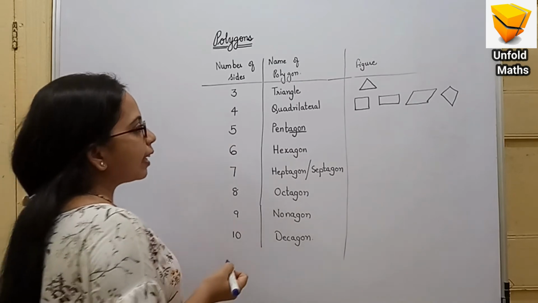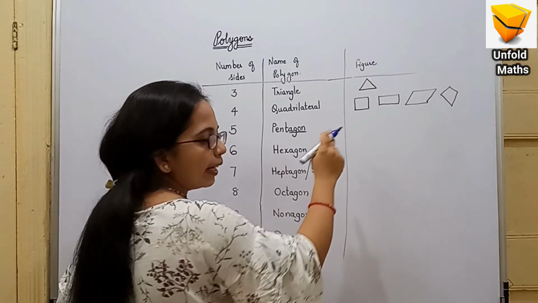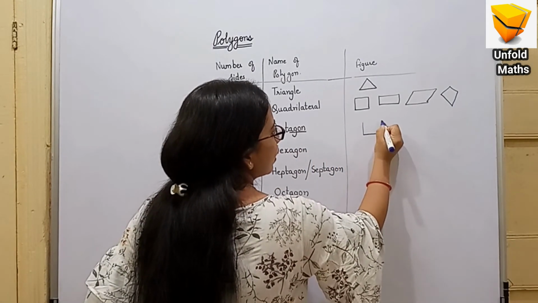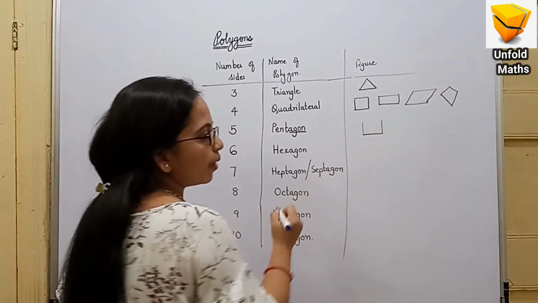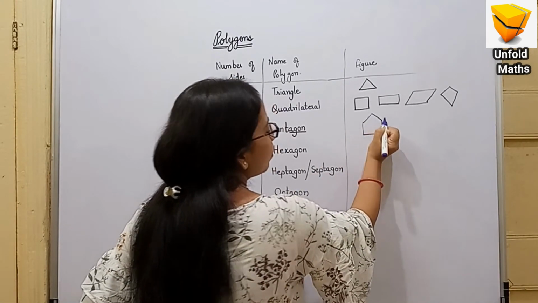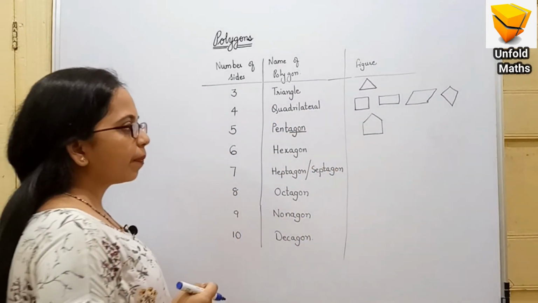Next is pentagon. When we remove one side of a square and add two sides instead of it, that is, let us take three sides of the square like this, and then instead of the top we make these two sides, it will become a pentagon.